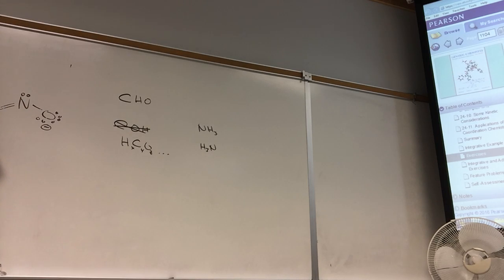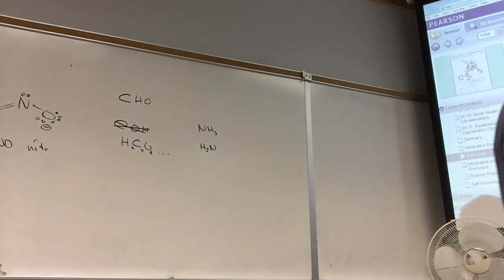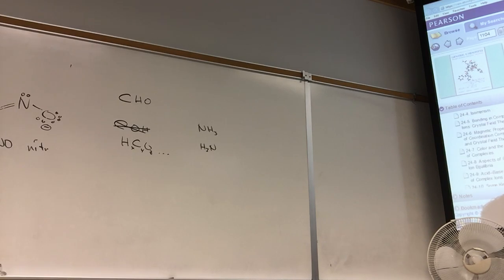If it's an oxygen donor, we write the formula like this, ONO, and we call it nitrite. Let me make sure. It could be called nitro or nitrite. But what is it? Does somebody know? Is it nitro?